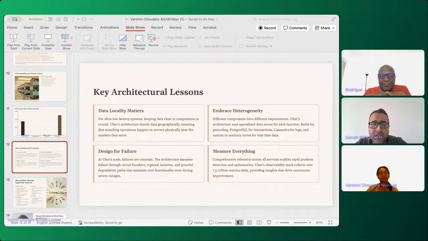So my question is, can you elaborate or give us the most difficult trade-offs that your team faced during that transition from the monolithic system to the microservice systems, including, for example, the service orchestration, and any trade-offs related to data consistency and deployment complexity?